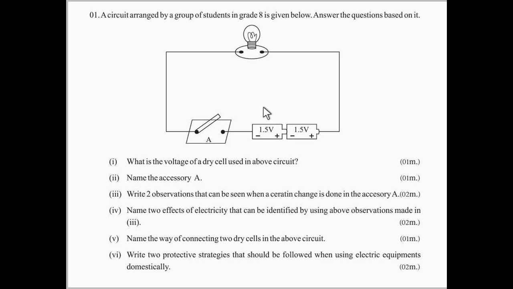Parallel method means there is a cell and another cell parallel to that. If there is another one, that should be parallel to that one. There are two types of methods, parallel and series.